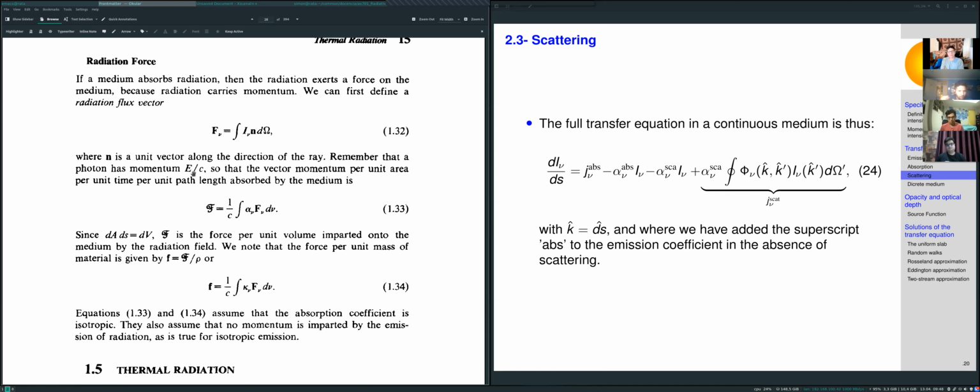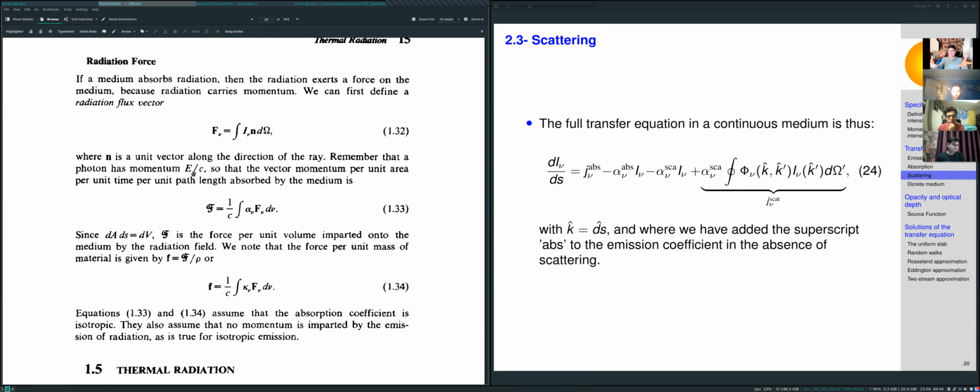When we looked at the radiation pressure, we included a factor of 2, but here we're not calculating the radiation pressure on a surface, but rather the force imparted on the medium that is absorbing the radiation.